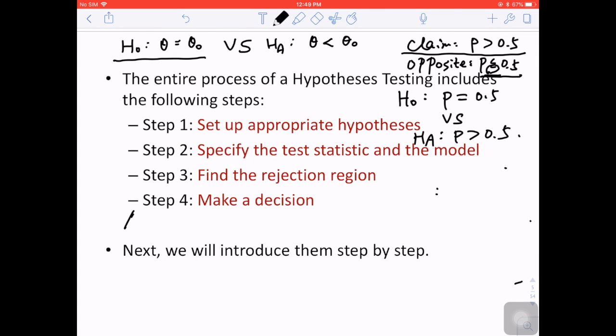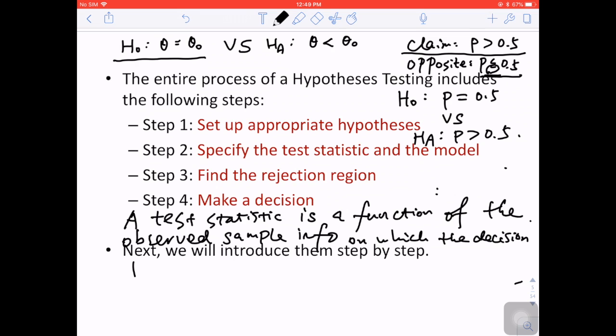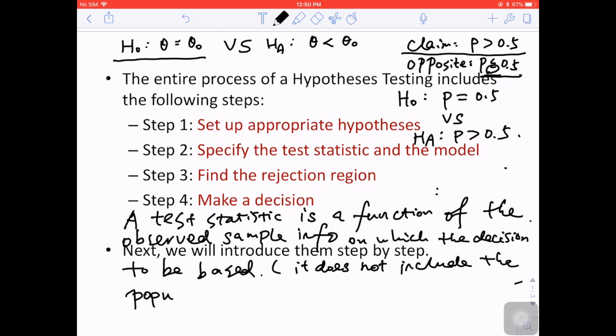Okay, actually, a test statistic is a function of the observed sample information on which the decision is to be based. Okay, so this means it does not include the population parameters of interest.